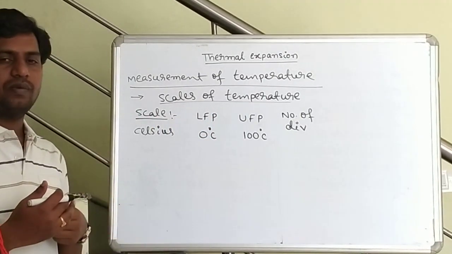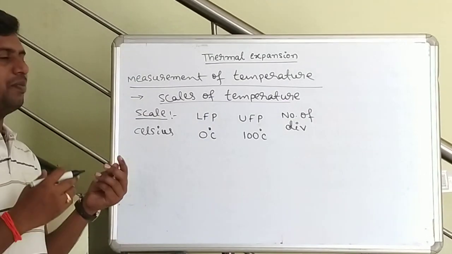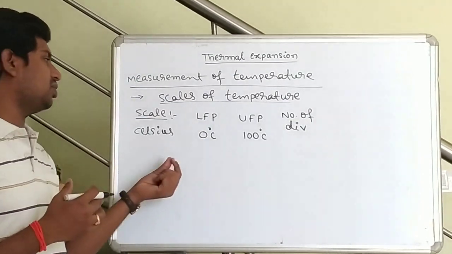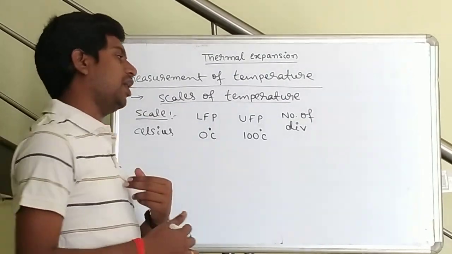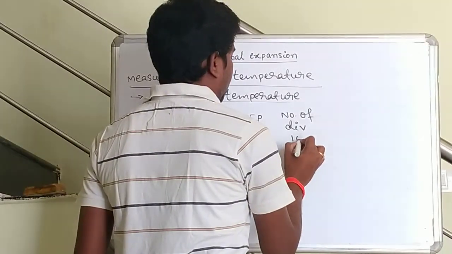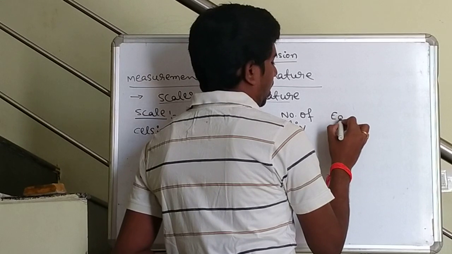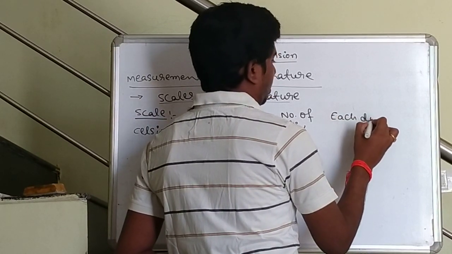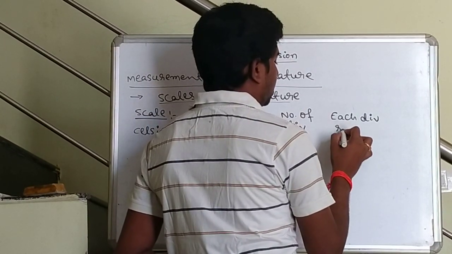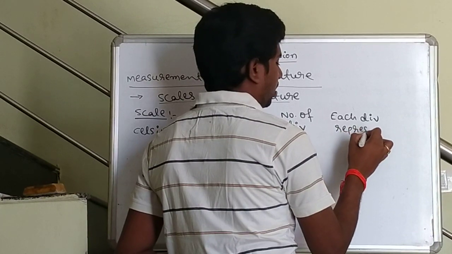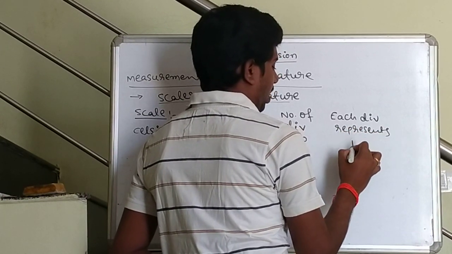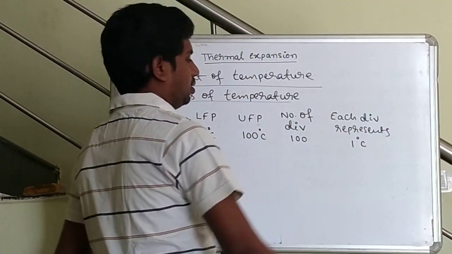The scale is equally divided into 100 divisions, so each division represents 1 degree Celsius.